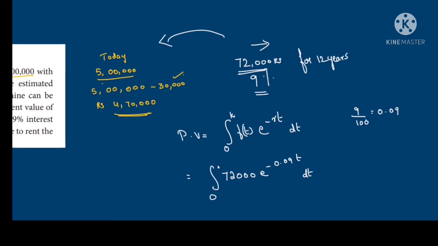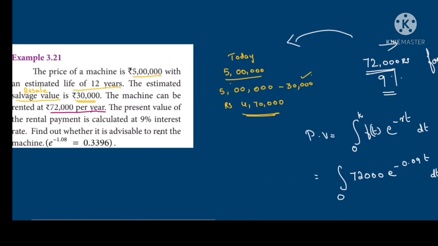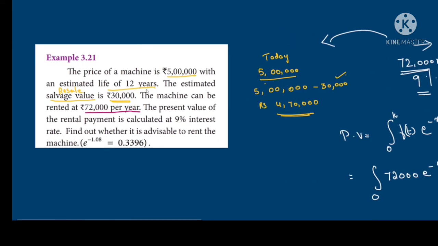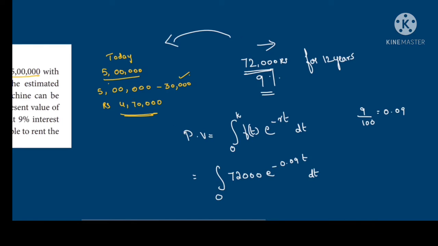Then 0 to k, I told you k is the upper limit of time. The time limit is given as 12 years. We are calculating for 12 years, so put 12 here. Remember, for present value, you know the future, and you are just finding how much it is worth today. It is just going back. So you have a negative sign, e power, the exponential function is negative because you are dividing. It's 12 years, a continuous process, so we are just dividing it, it's income change over time.